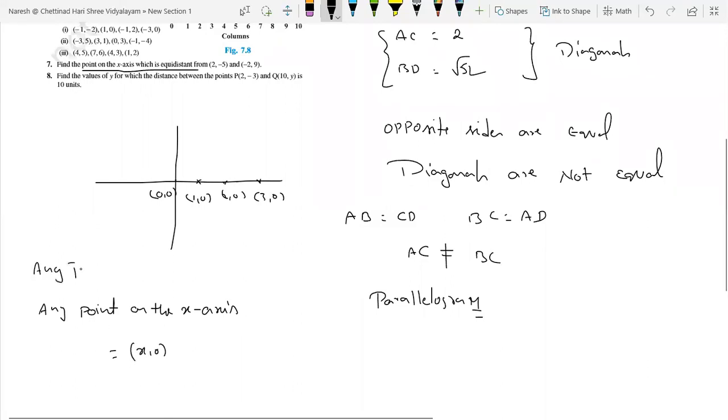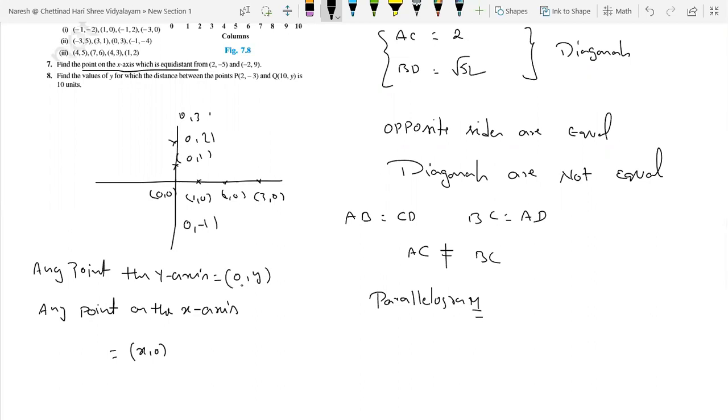If I take any point on the y-axis, just list out points on the y-axis: (0, 1), (0, 2), (0, 3), or (0, -1). So it is always (0, y), where y is any real number. So any point on the x-axis is (x, 0), because indirectly he is saying the y coordinate is 0, and the x coordinate you don't know.